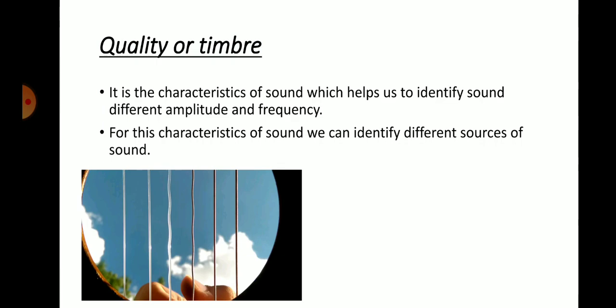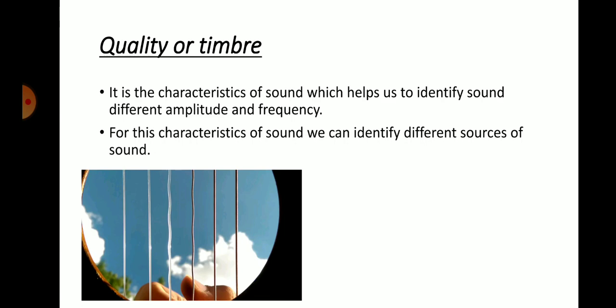Next we learn about the characteristic quality, or timbre. It is the characteristic of sound which helps us to identify sounds of different amplitude and frequency. For example, suppose two friends are pronouncing the same word, but with the help of this quality, or timbre, you can easily identify which friend is talking and from where the sound is coming.